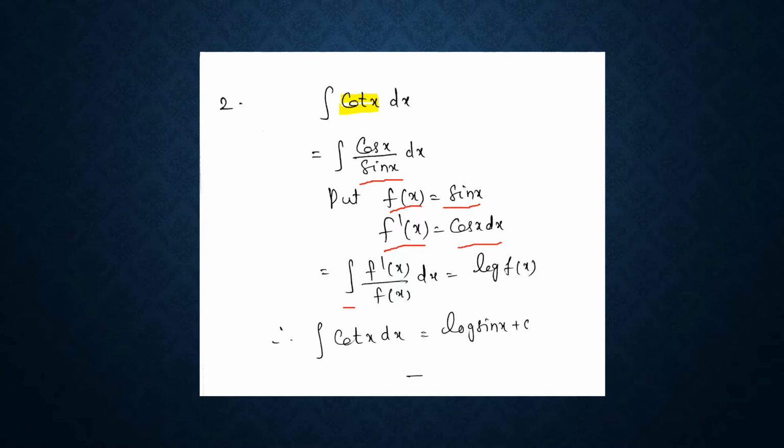Then the integrand becomes the form integral f dash x by f of x dx, which is equal to log f of x. That is integral cos x by sin x dx is equal to log sin x plus c. So this can also be used as a formula. Integral cot x dx is equal to log sin x plus c.